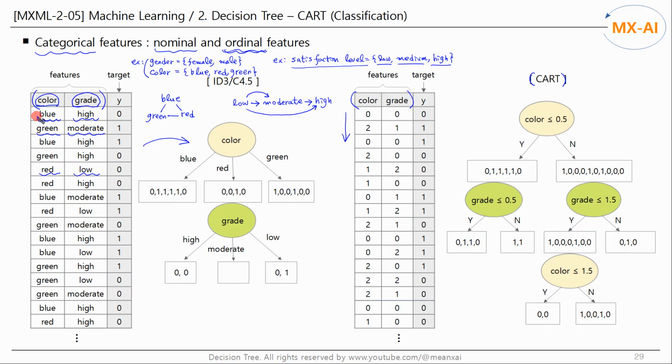The blue category of the color feature is encoded as the integer 0, red as 1, and green as 2. This order is arbitrary. Converting categorical variables into simple integers in this way is called label encoding.